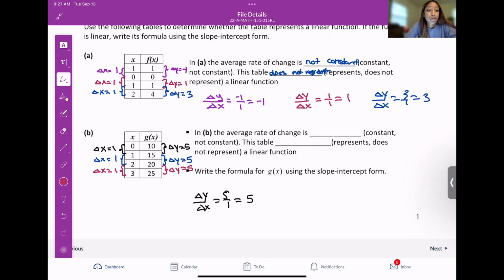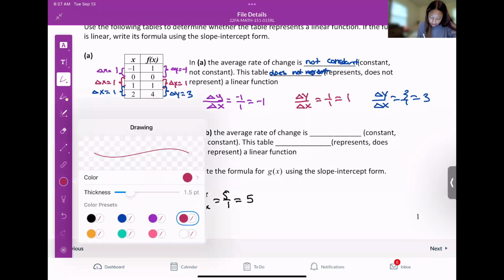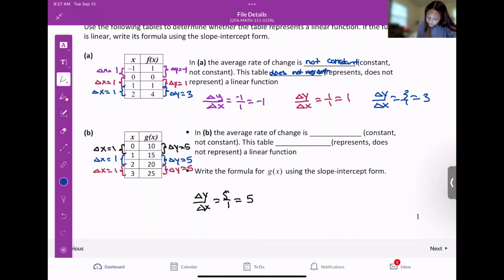The x values are all going up by 1. The y values are all going up by 5. That's constant. So for part B here, we'll say the average rate of change is constant. This table represents a linear function.